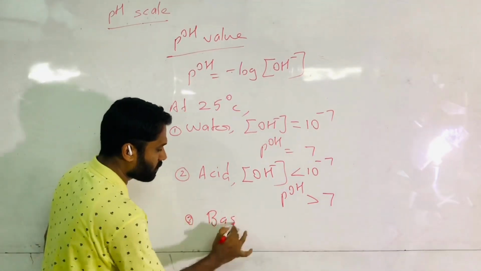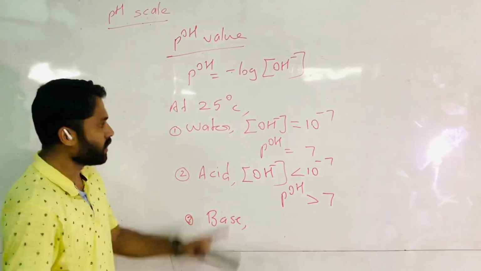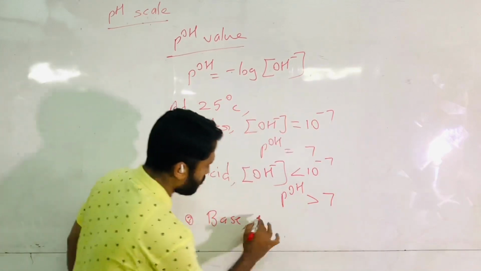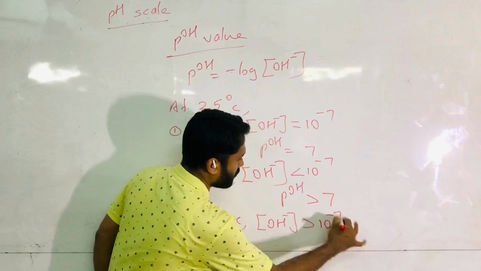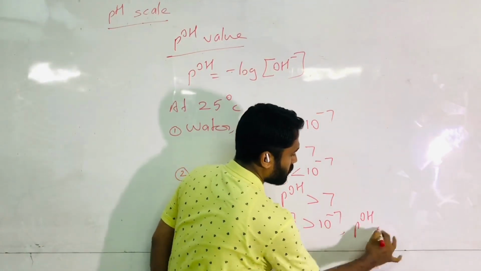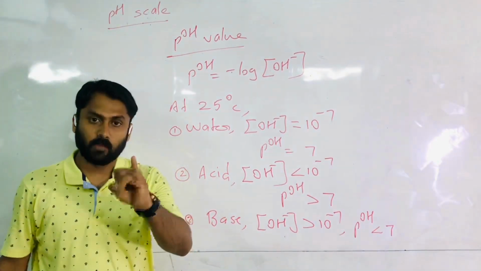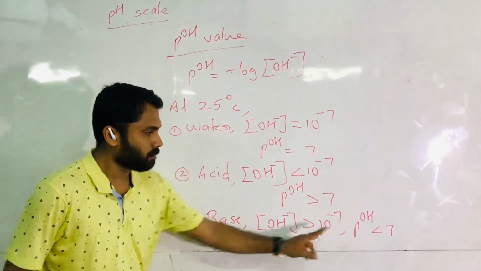If a base is added, the base generates OH minus. This OH minus increases the concentration of OH minus in water. The concentration of OH minus becomes greater than 10 raised to minus 7. So, pOH will be less than 7. So, water pOH equals 7, acid pOH is greater than 7, base pOH is less than 7.